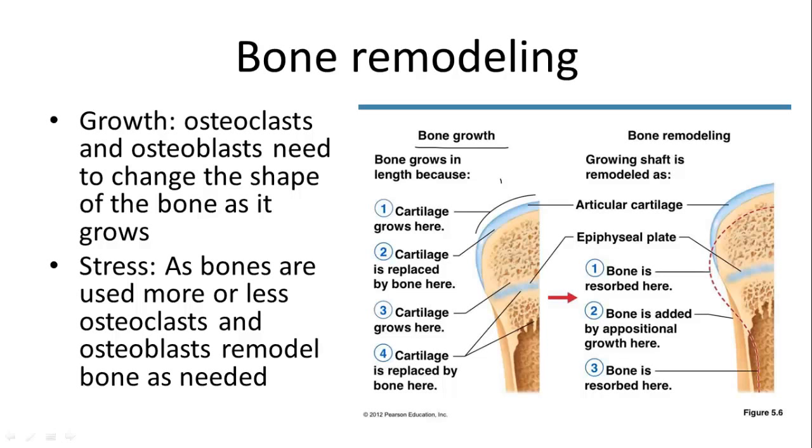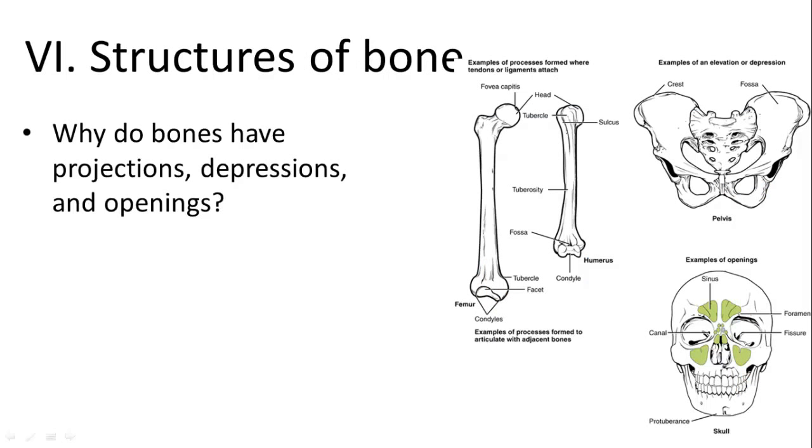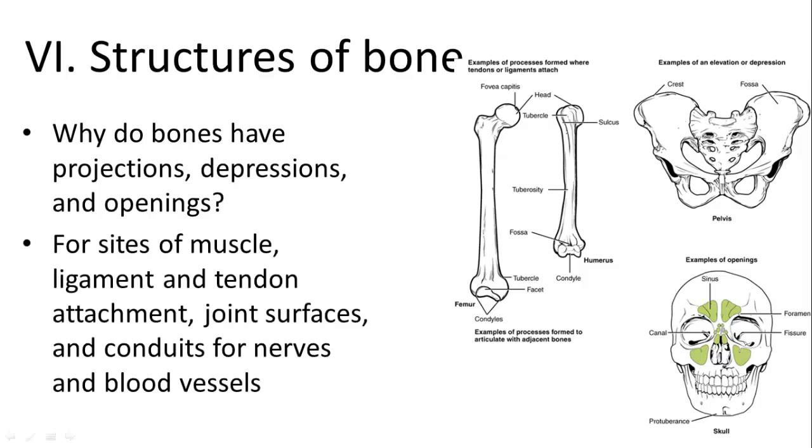All right, there are a lot of different structures on bones which also are the result of bone remodeling, and they are for many different things. You have attachments of different ligaments, or maybe joints or connections between different bones. You have cartilaginous areas.